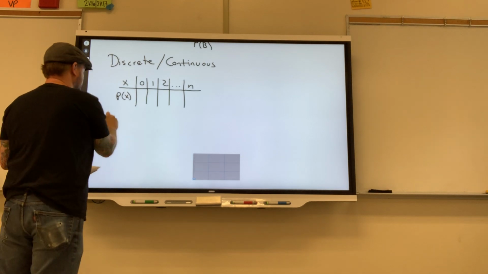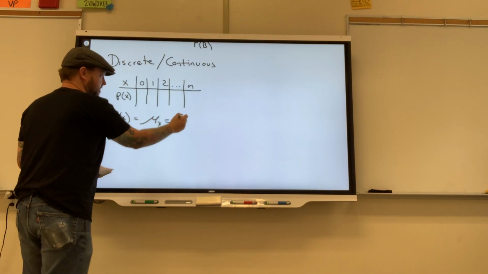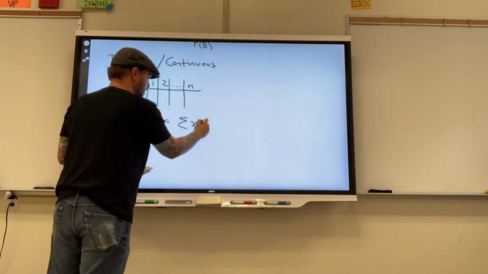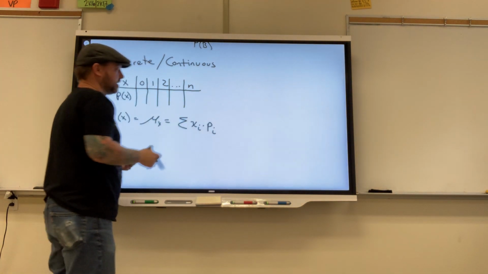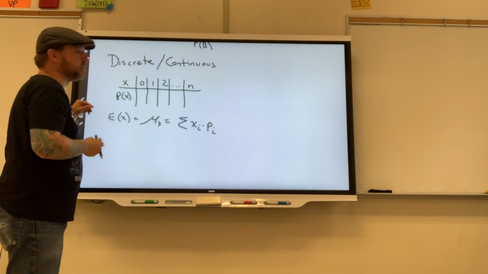Expected value is just each individual x times its probability.